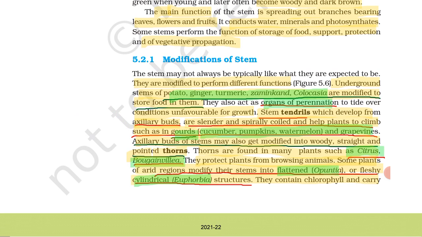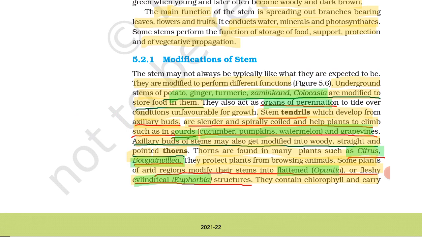So they may ask a question on organ of perennation. Give examples of organ of perennation: potatoes, ginger, turmeric, zaminkand and colocasia. They are modified for food storage in them, so they are called organs of perennation. So food storage in unfavorable condition: potato, ginger, turmeric, zaminkand and colocasia. They are modified to store food.